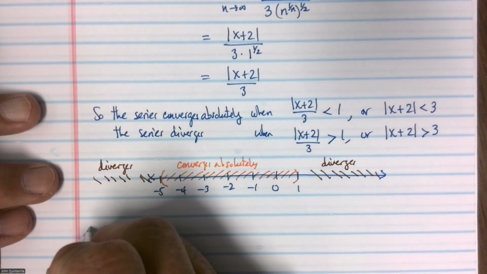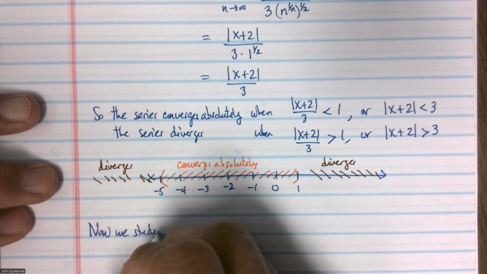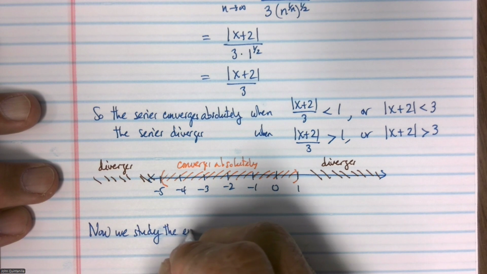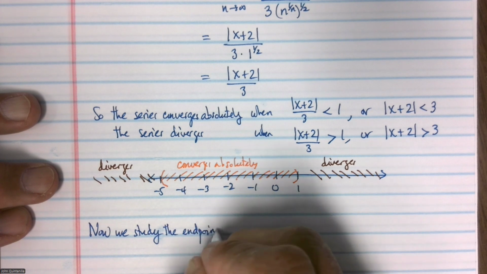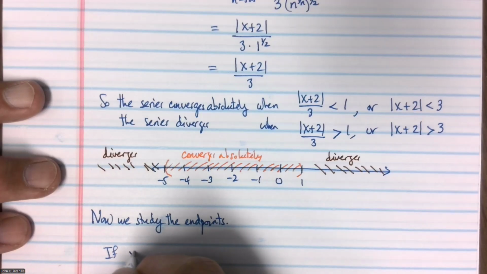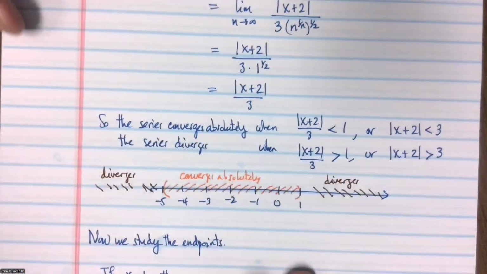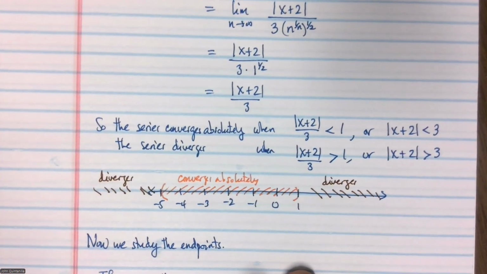And so let's worry about those two endpoints. First, now we examine the endpoints. If x is equal to 1, then let's take a look at the series again. So here's the series again.